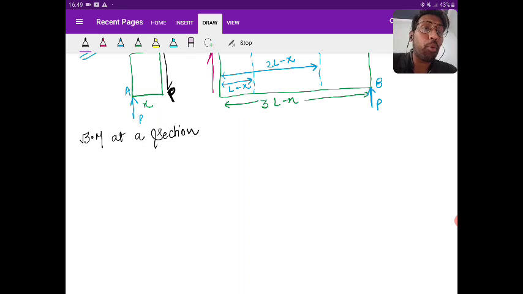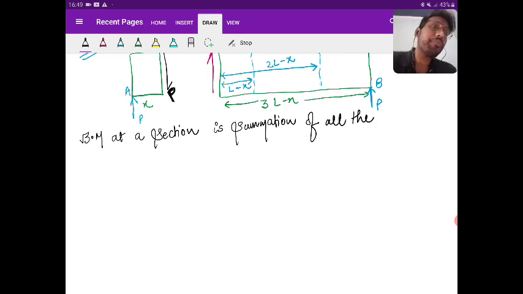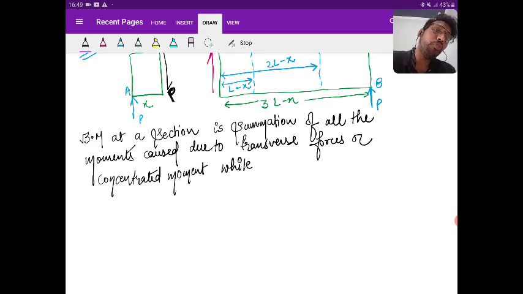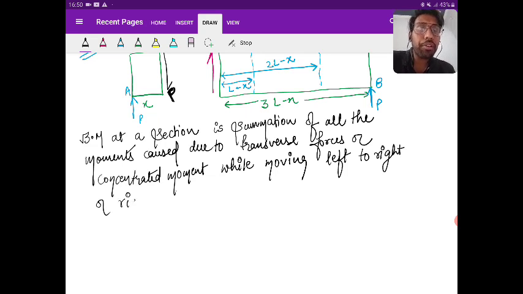So let me first write that bending moment at a section is summation of all the moments caused due to transverse forces or concentrated moment while moving left to right or right to left at that section.